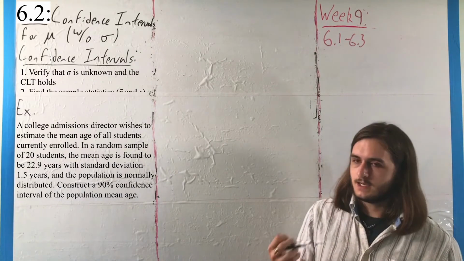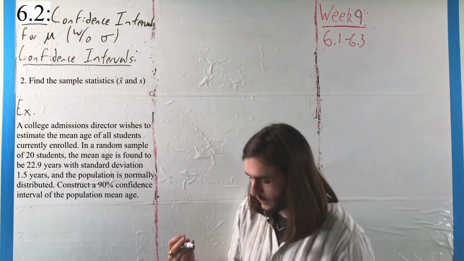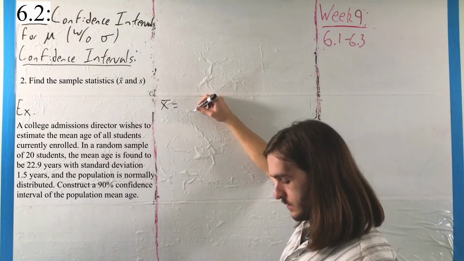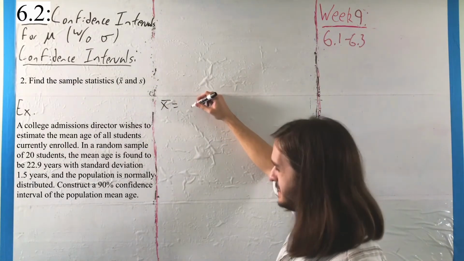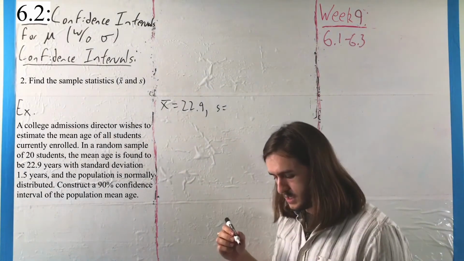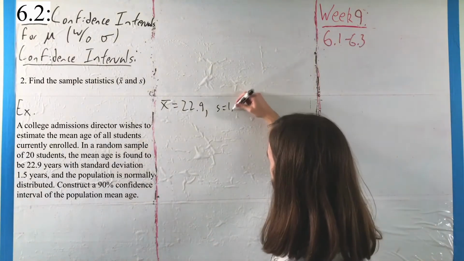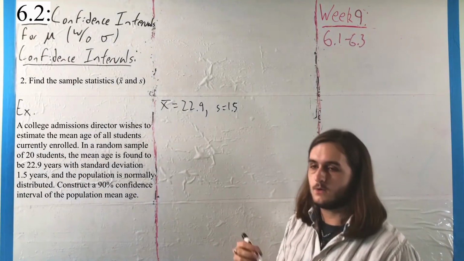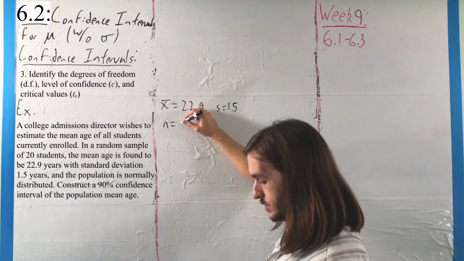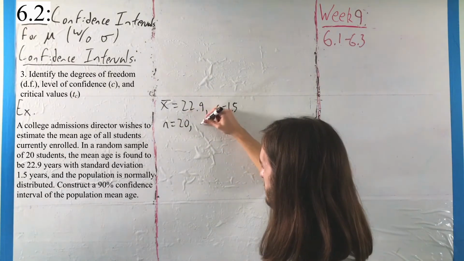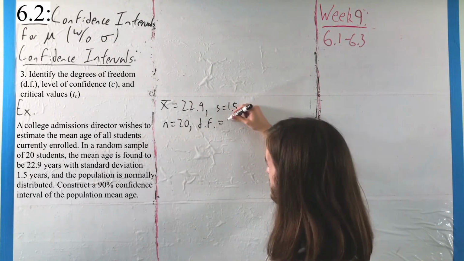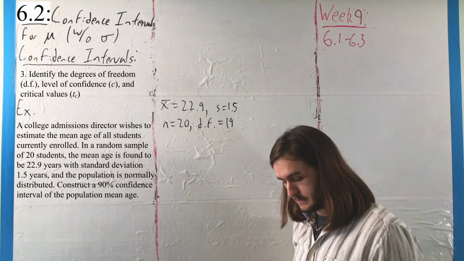From there, we just identify what pieces we do have, where we notice that in this case, x bar is equal to 22.9. s here is equal to 1.5, and then from there we have a little bit more. Since n is equal to 20, that means our degrees of freedom are 20 minus 1, or 19.